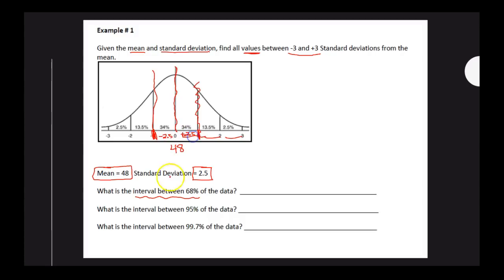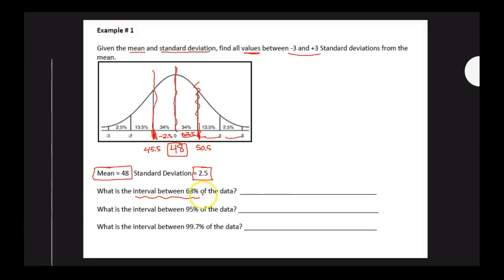Put in your calculator 48 for the mean, and then minus 2.5 from it. And that's going to give us 45.5, 1 standard deviation that direction. If we put 48 in the calculator and add 2.5 to it, we're going to get 50.5, 1 standard deviation away in the positive direction.